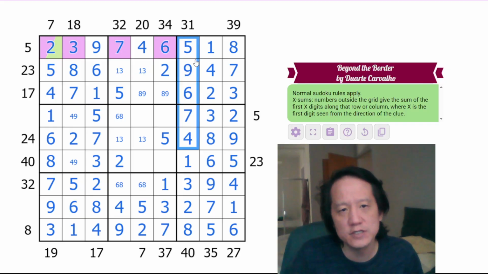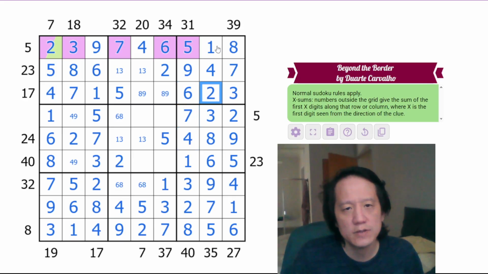First 5 digits here are done. That adds up to 31. We have 14 plus 13 is 27 plus 4 is 31. This is done in the column because 45 minus 6 is 39. This is done. 2 and 3. 5 digits.